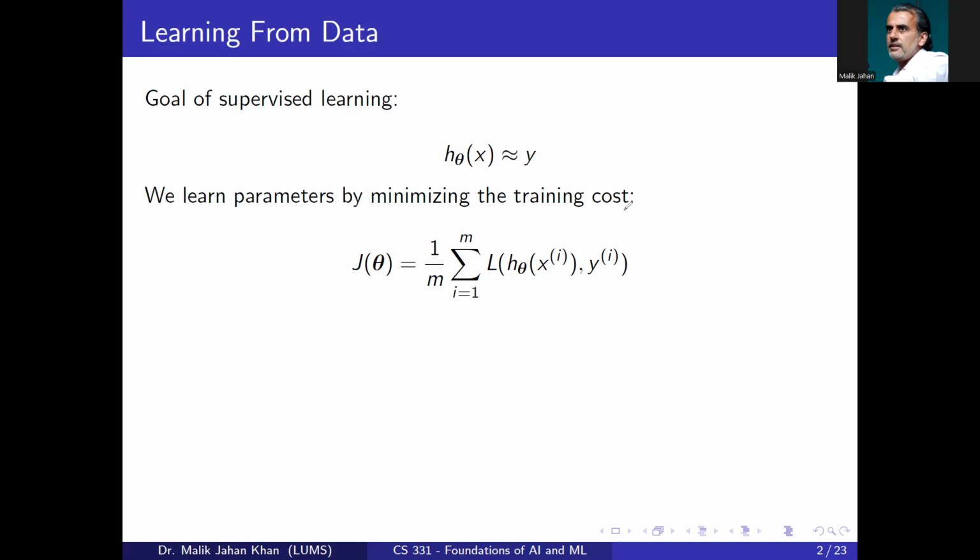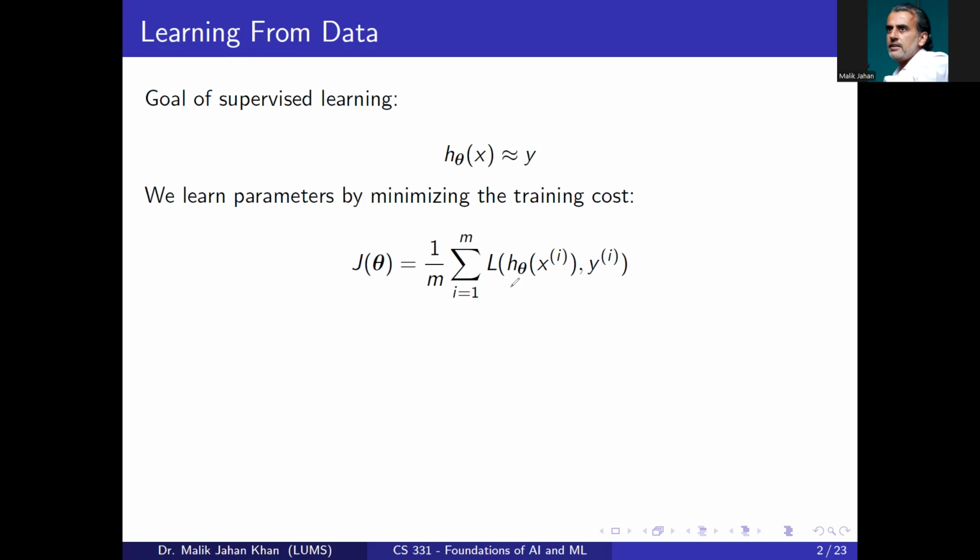When we say training cost, we need to bring in a loss function. So there could be different possible loss functions. We can use some of the standardized loss functions as we have been using in the context of linear regression and logistic regression, or we might be able to define our own loss function with certain characteristics.